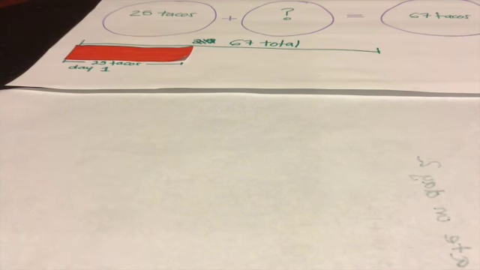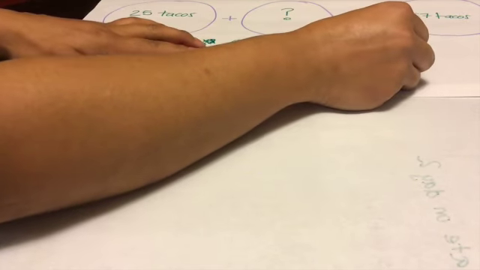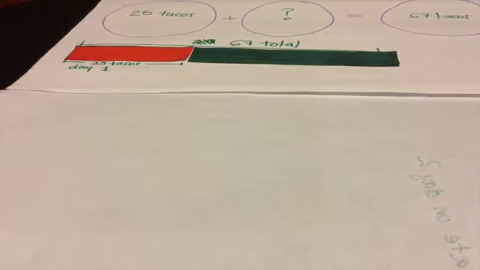Then I'm going to say, okay, I know that Marco ate more tacos on day 2 because on the last day, Marco ate 67 tacos. So I'm going to place another graph here, right next to it, that represents the number of tacos Marco ate on day 2.